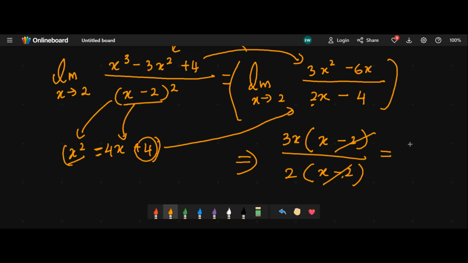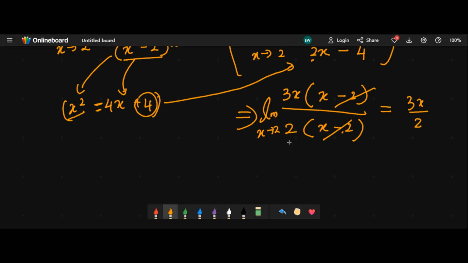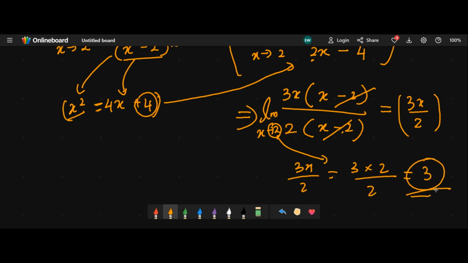So it will be 3x by 2, as x approaches 2. Now you can substitute 2: 3 into 2 divided by 2. So 6 by 2 is 3. So the answer is 3.